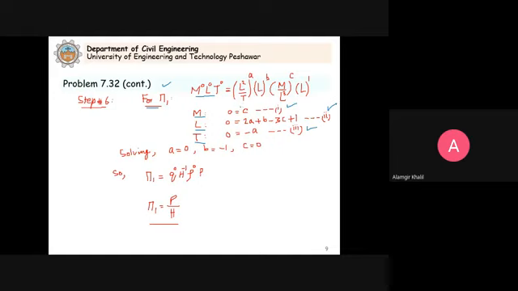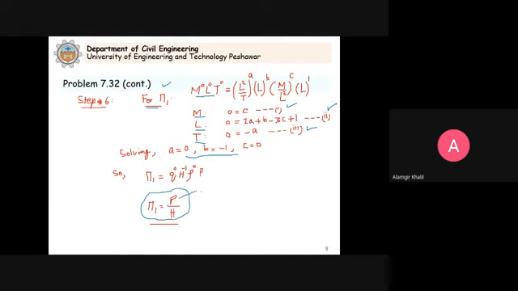This is the principle of dimensional homogeneity. So we can easily calculate the values of these because we have 3 equations and 3 unknowns, we can solve. And then you plug the values of these parameters back and simplify, so you get the pi term.